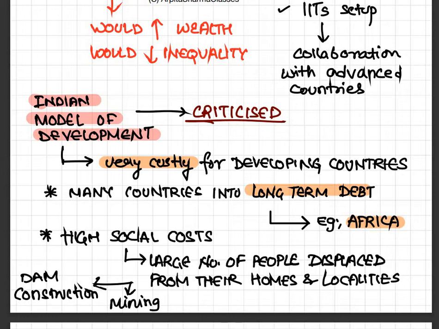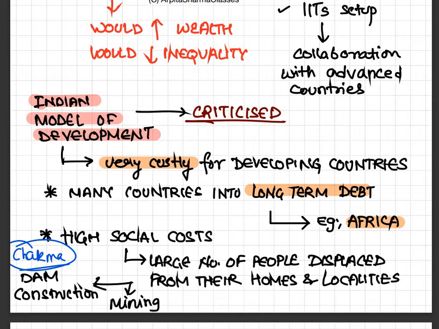They have to take long-term loans, and because of those loans, they fall into a debt trap. For example, Africa, for example, Sri Lanka also. And it raises the social cost as well. A large number of people get displaced if a dam is being constructed. For example, in today's newspaper, we studied about the Chakma Hajong tribe. Why were they displaced? Because of the dam construction.